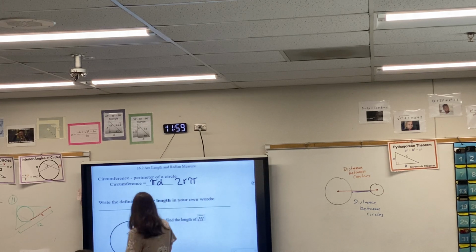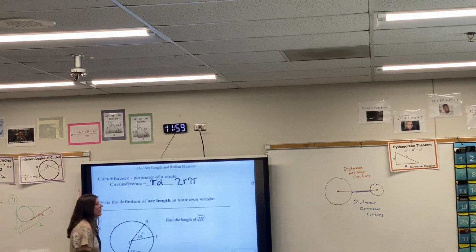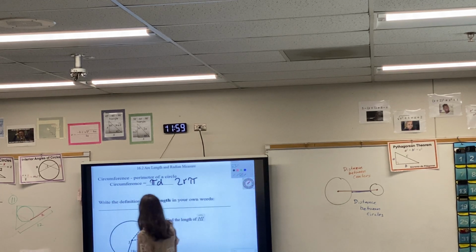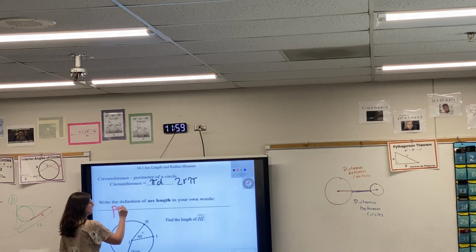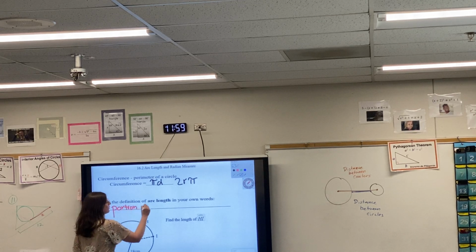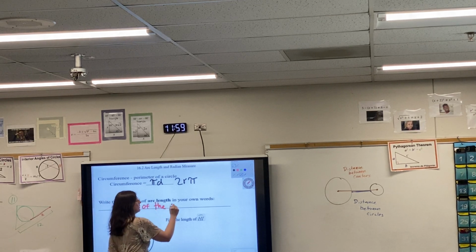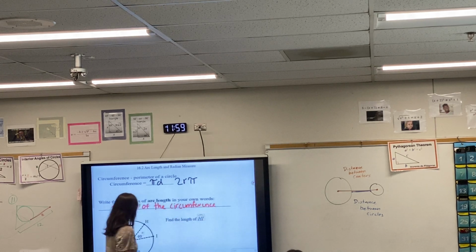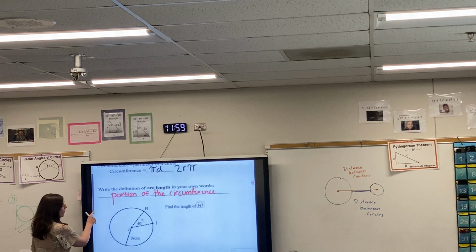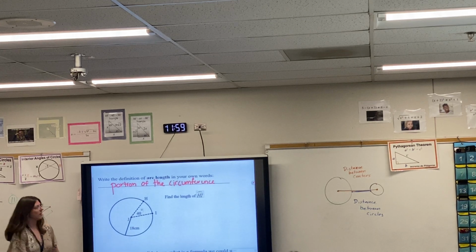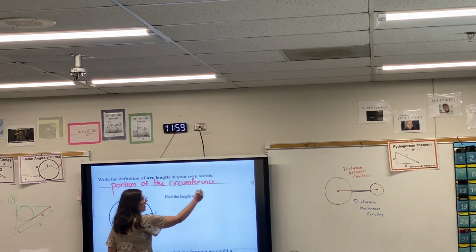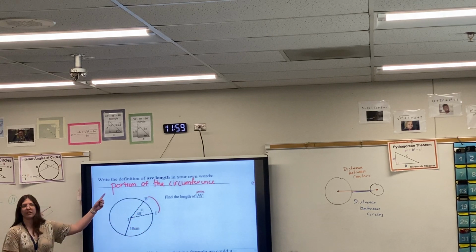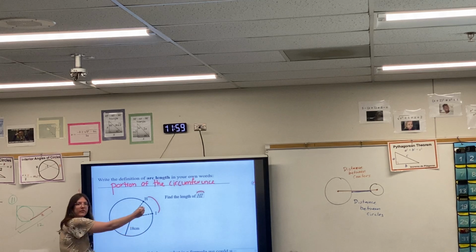And the reason we're going to be talking about this is because suddenly we want to talk about the arc length. And when we're thinking about arc length, we want to think about a portion of the circumference. We say this because when we're looking at a circle, and we want to find the length of this arc here, that's a portion of our entire circle, right?